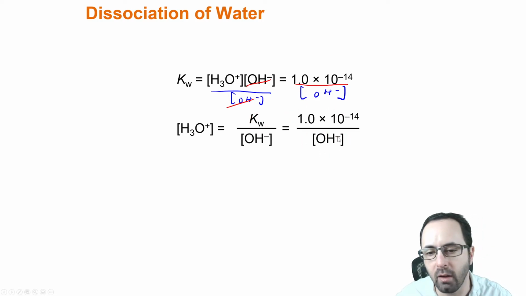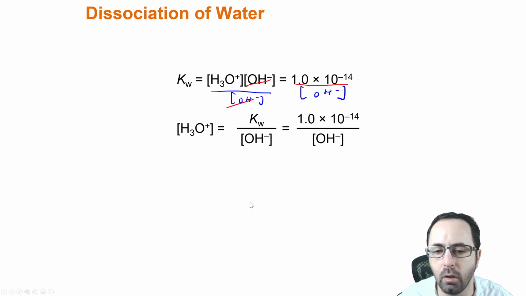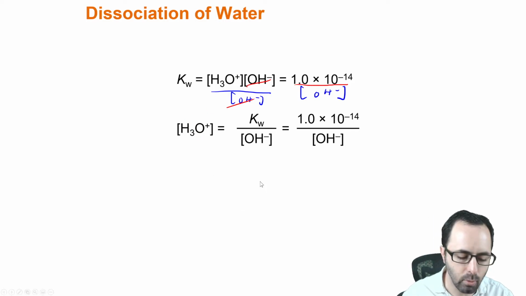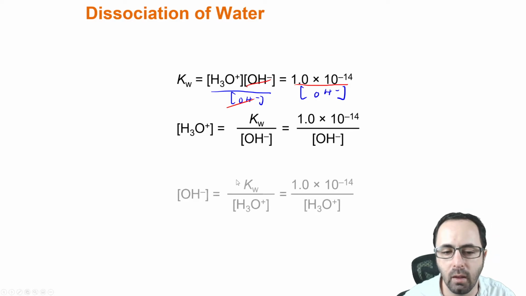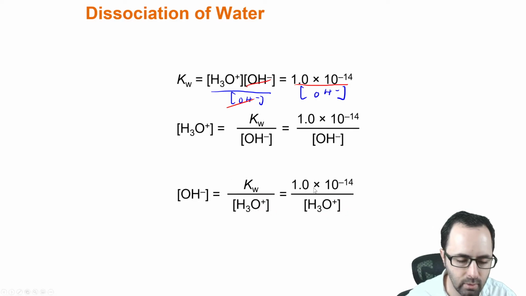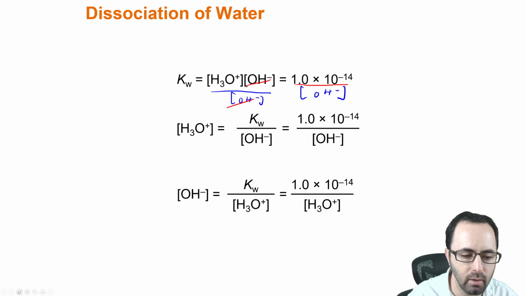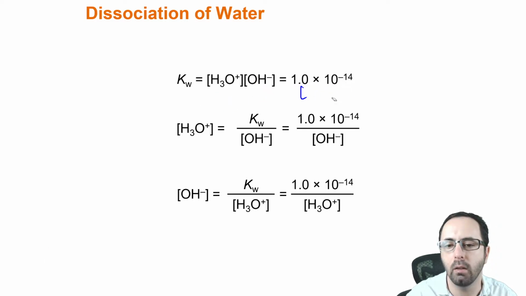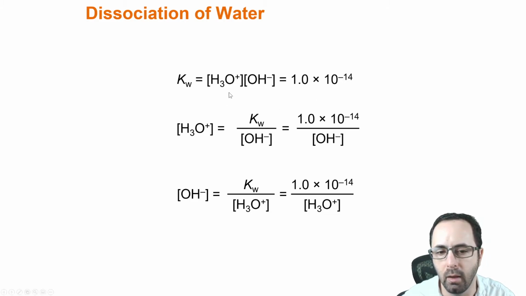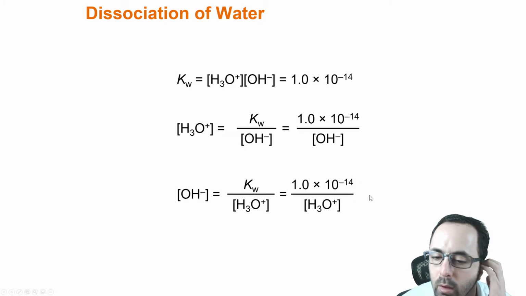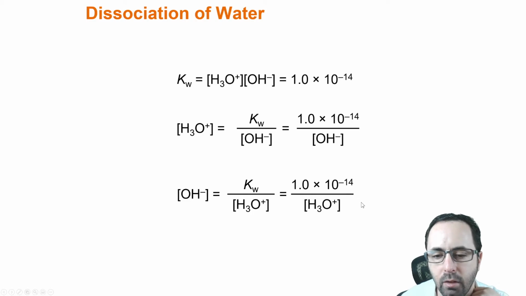So if we have the hydroxide concentration, we can determine the hydronium concentration. Likewise, if we have the hydronium concentration, we can determine the hydroxide concentration. And of course, we would get that just by dividing both sides by hydronium, which would cancel the hydronium, and it would end up on the bottom here. And so this is how we use Kw. And again, I already had you start getting ready for this by practicing what you used it for before.